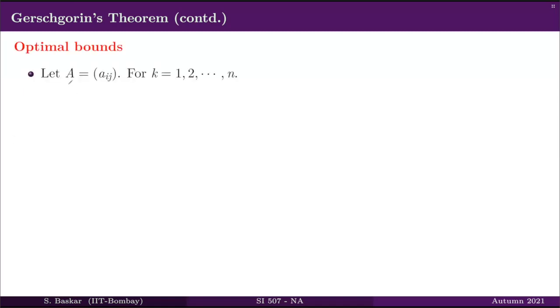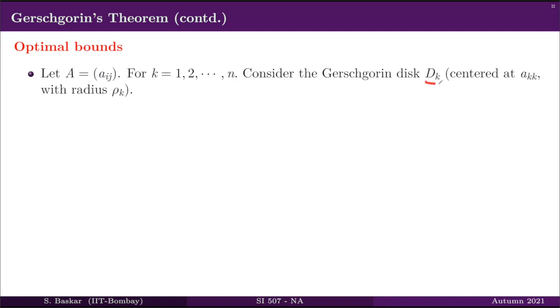As usual, let us take A equal to (a_ij), which is an n cross n matrix, and k equal to 1 up to n. We know how to construct the Gerschgorin disks with the help of A, and they are denoted by Dk's, right?